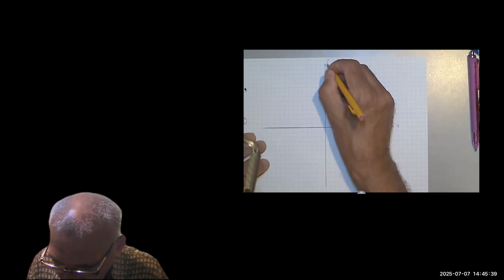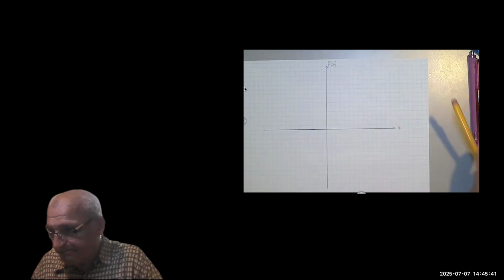Now, like we did last time, let's prepare that. So I draw my x and y axes. Here is my x-axis, and here's my y-axis, or f of x axis, since we said f of x, not y.